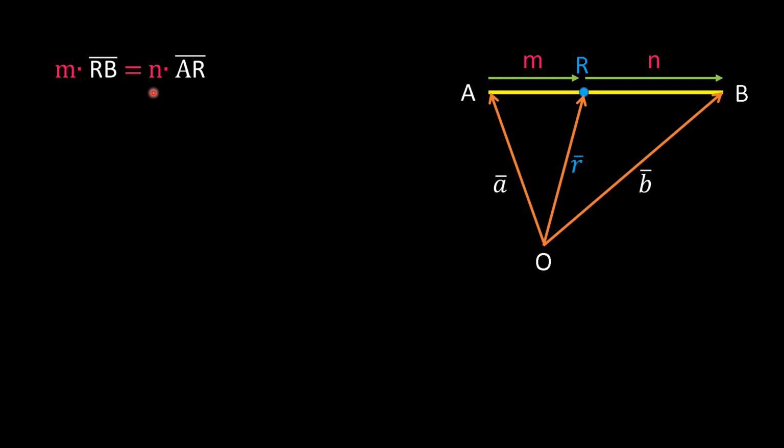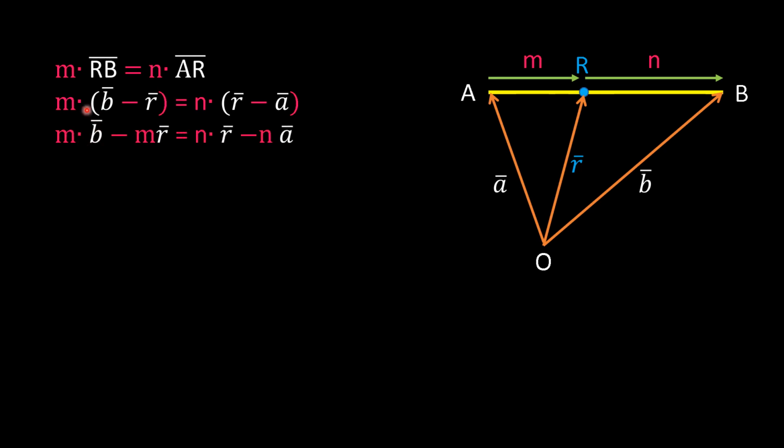Now we will write vectors RB bar and AR bar in terms of the position vectors. So we write B bar minus R bar for RB bar and R bar minus A bar for AR bar.